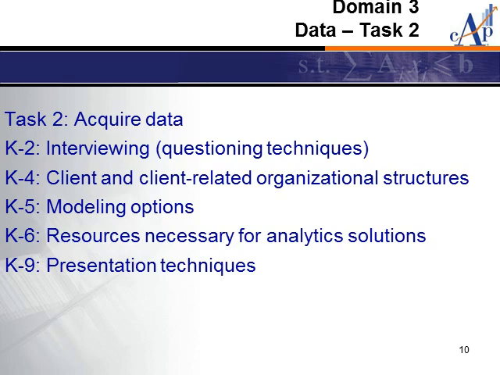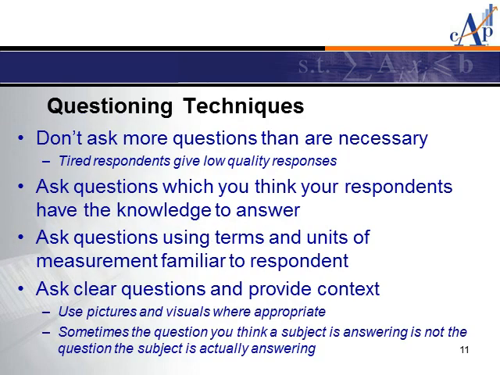The next topic is acquiring data, and you see again the different key knowledge elements under this topic. One of the key knowledge elements is about interviewing and questioning techniques. That was the second knowledge element. And there's a lot of ways that you can go about questioning.